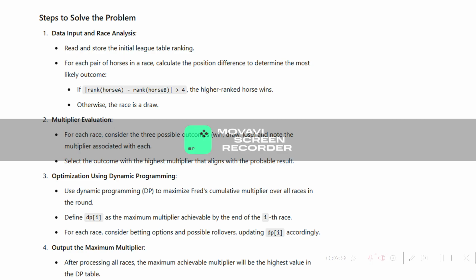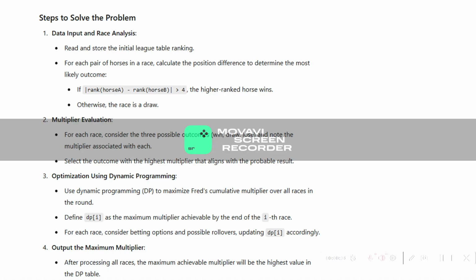Optimization using dynamic programming comes into play in the next step. We use dynamic programming to maximize Fred's cumulative multiplier over all races in the round. We define the dp variable as the maximum multiplier achievable by the end of the ith race.